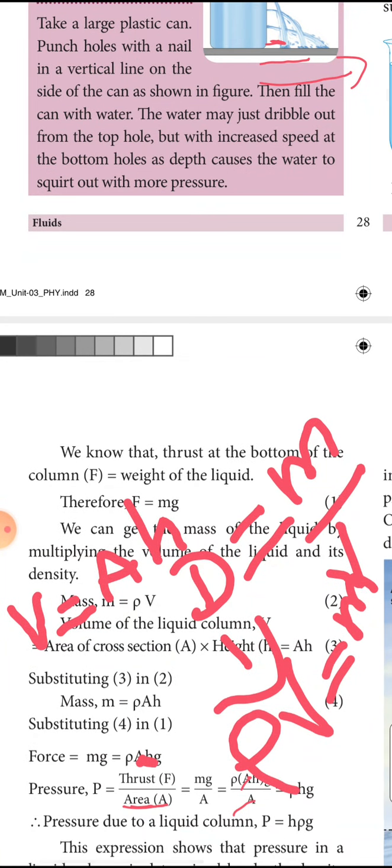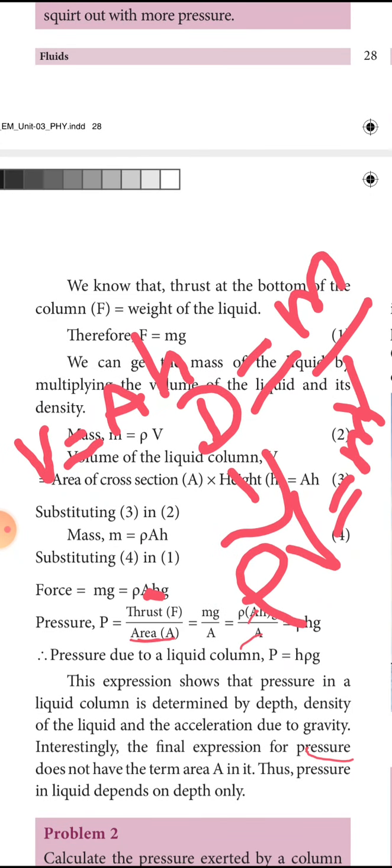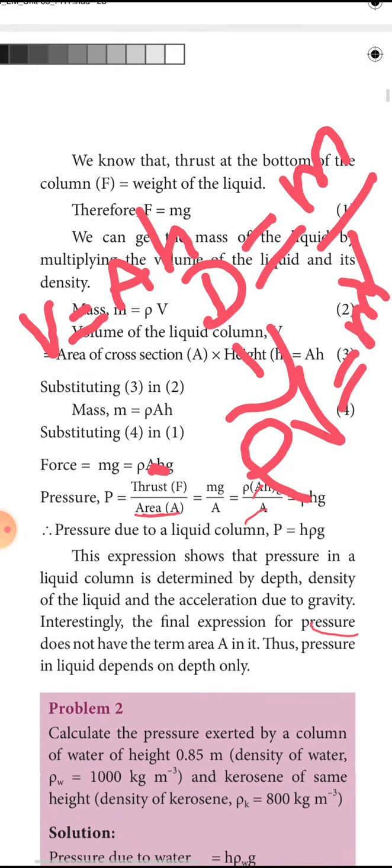Already we studied the formula, pressure is equal to force by area. In that we wrote force is equal to M into G. Instead of M, we wrote density into volume. Instead of volume, we wrote area into height.